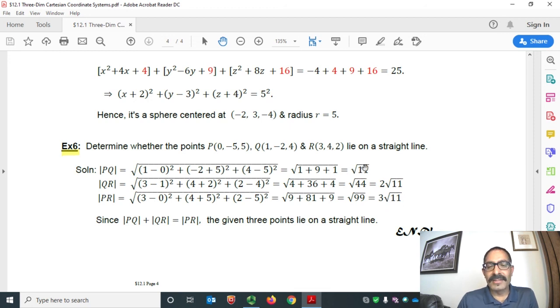And since the sum of the first two distances equals the third distance, the longest distance, the given three points lie on a straight line. Great. I hope this makes sense to you all. We finish section 12.1, and in the next class we will study vectors. Thank you.